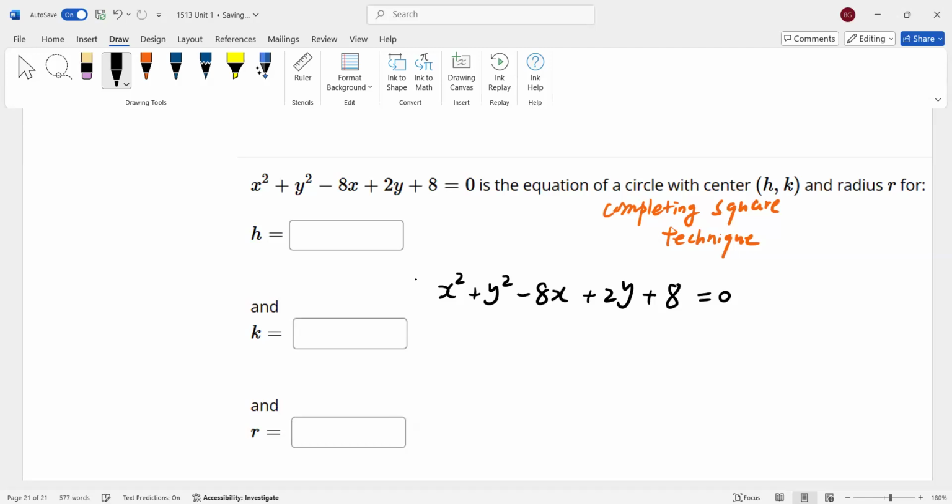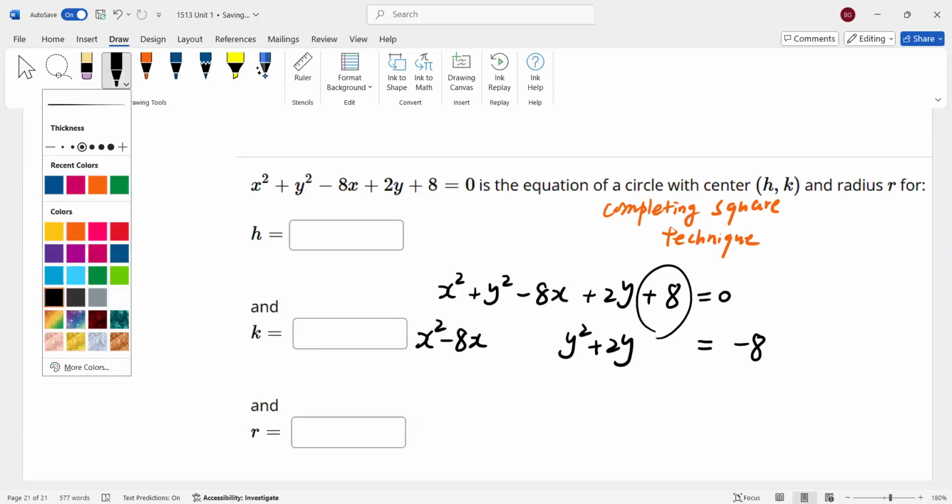So I put x squared and minus 8x together and leave some space, and then put y squared plus 2y together. We have a constant 8 here, and I'm going to move that 8 to the right. If you subtract 8 from each side, this positive 8 will be cancelled, and you would have a negative 8 on the right side.